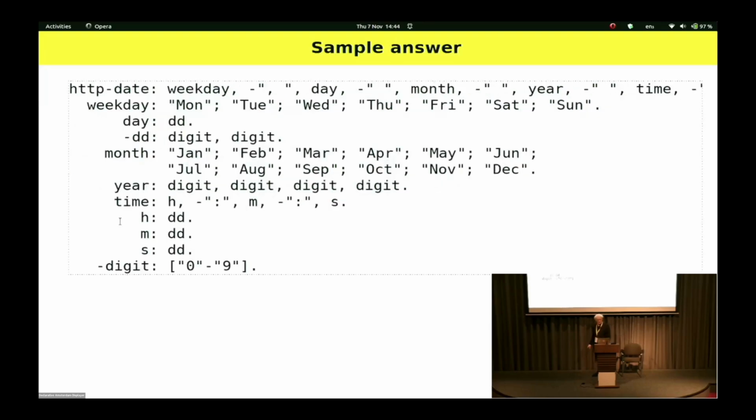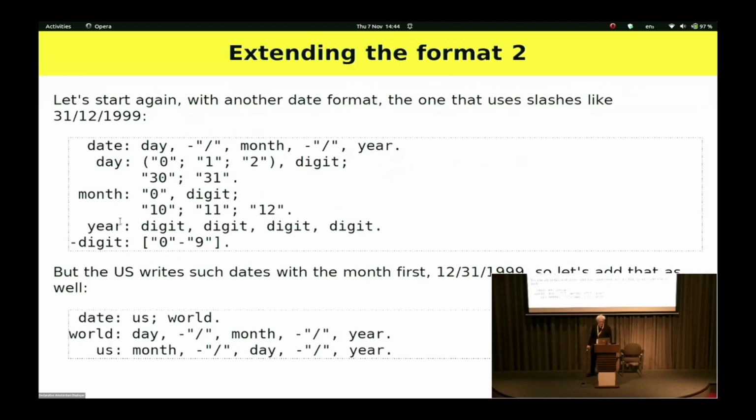So if I was going to recognize that, then it would be a weekday, which is one of the 3-letter weekdays, a comma, a day, which is 2 digits, a space, a month, which is one of the 3-letter month names, a space and a year, which is 4 digits, and then a time, which is hours, minutes, and seconds separated by colons.